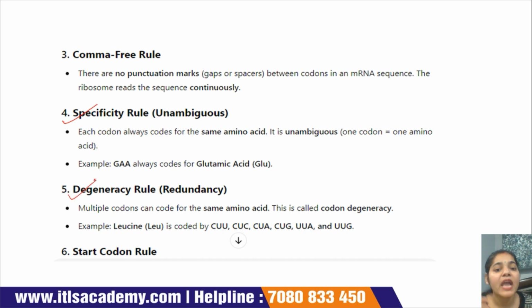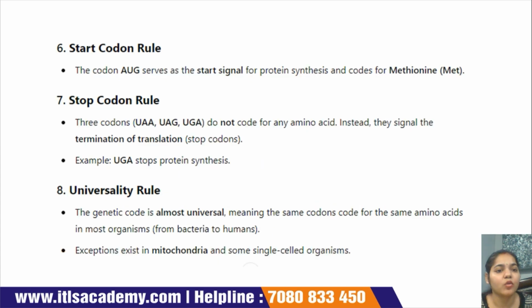Next, the degeneracy rule. Degeneracy rule means multiple codons code the same amino acid. For example, leucine is coded by CUU, CUC, CUA, CUG, UUA, and UUG. This is known as codon degeneracy. Next, the start codon rule.